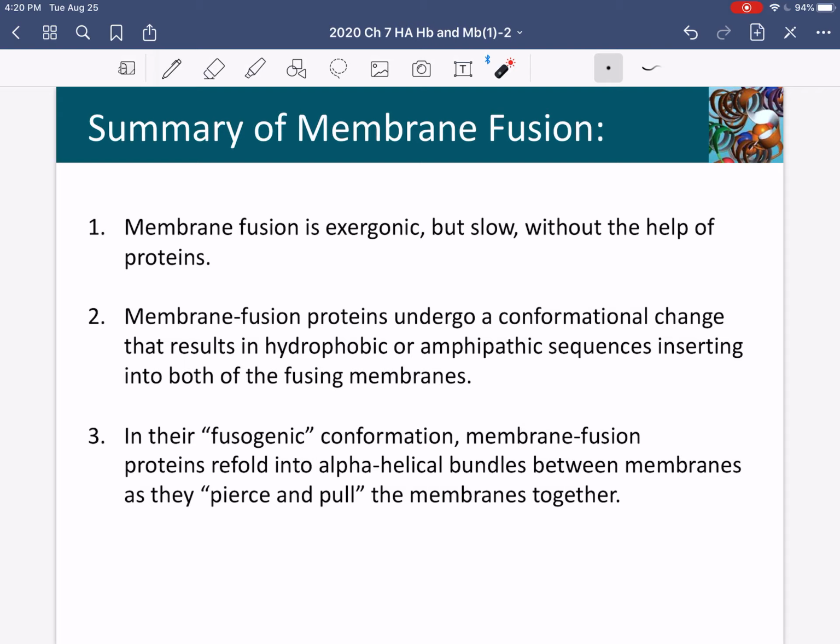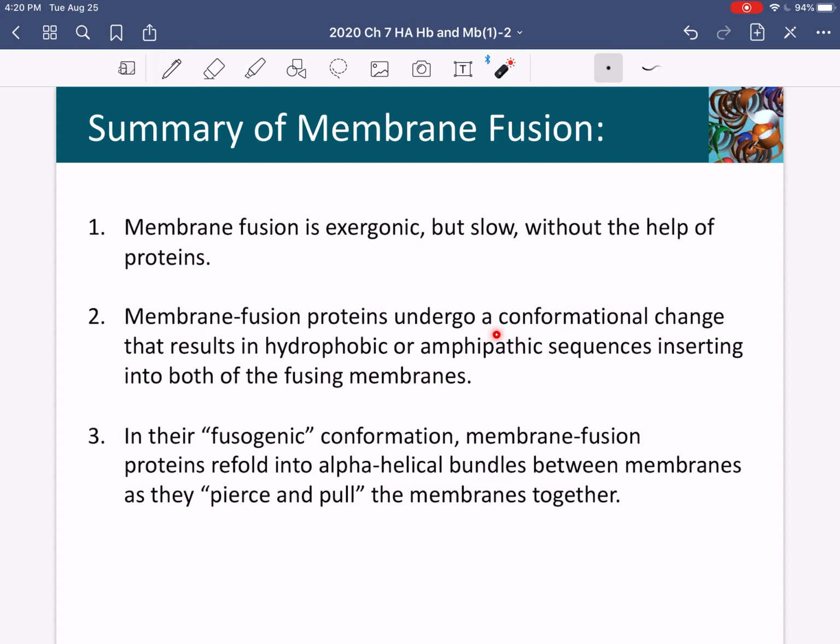Membranes fuse together and they have pretty much the same energy as they did before they fused. And so it's very slow, because that would be a bad thing. If all of our membranes were fusing, we would have one giant cell with no organelles, right? So we need special fusion proteins to overcome the barriers that keep our membranes apart. So those are called fusion proteins.